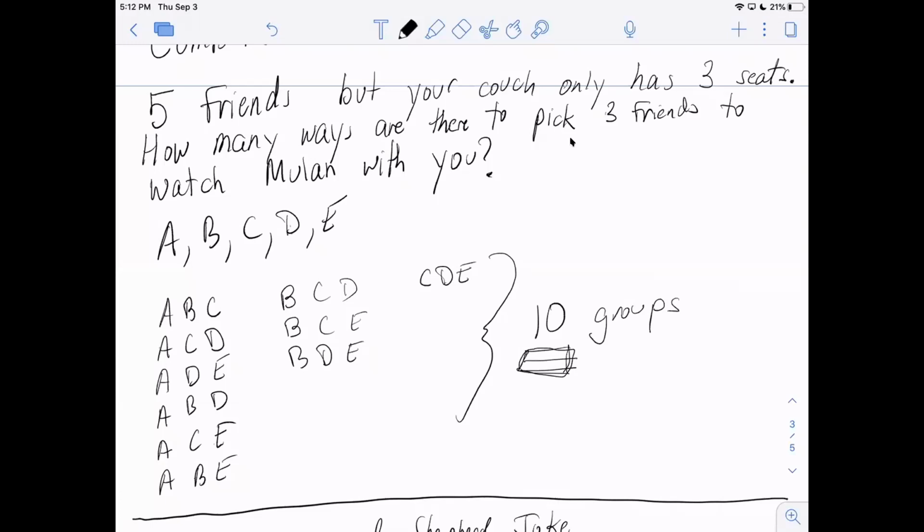Yes, exactly. How many ways are there to pick somebody who sits on the left part of the sofa, the middle part, and then the right part, kind of like gold, silver, bronze. If we think about that at first, like Lasha suggested, then we know the answer.